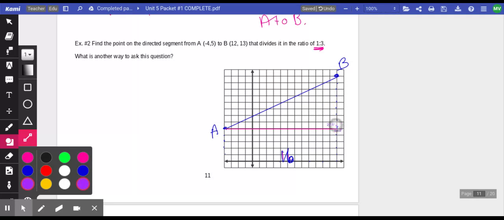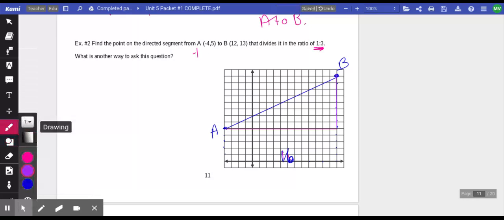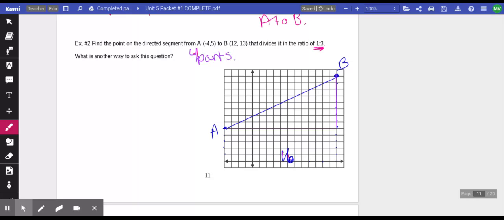Now, when I wanted it in a ratio of 1 to 1, I wanted to break it into 2 parts. Now I want it in a ratio of 1 to 3, which means I want 4 parts. Or another way to ask is I want a point 1/4 of the way, because I know I want it in 4 parts because I want to break it in 1 to 3.